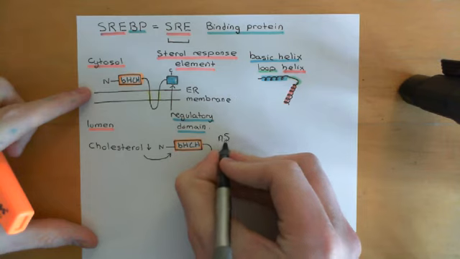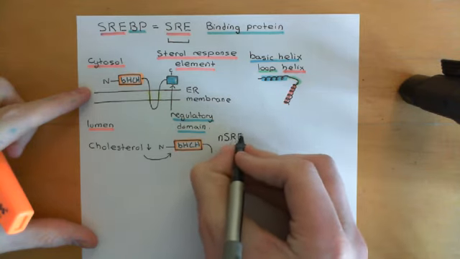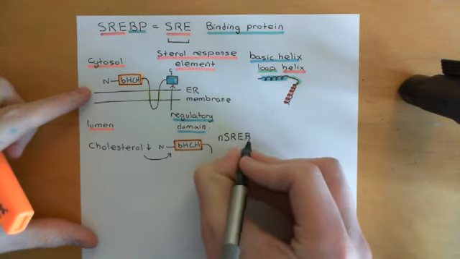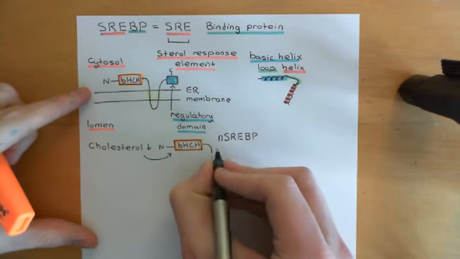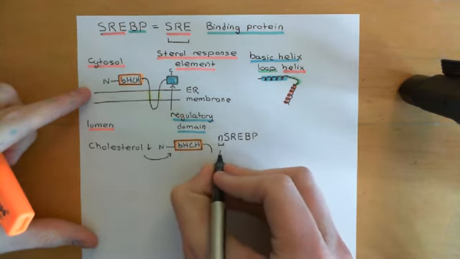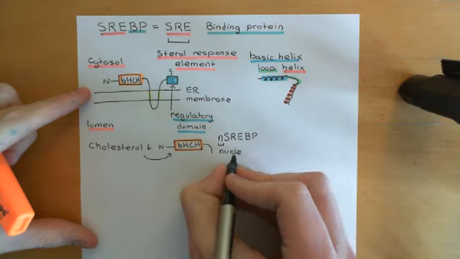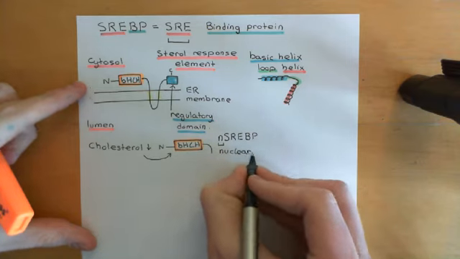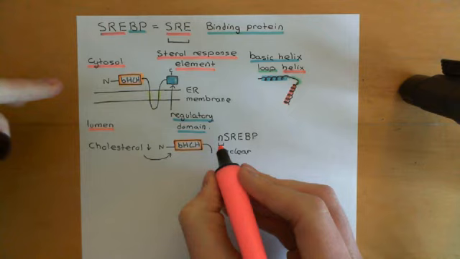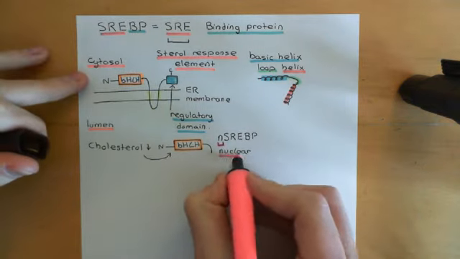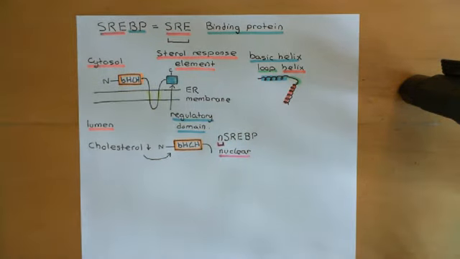This little fragment is now known as the N-SREBP, and the reason it's called the N-SREBP is because it's going to go into the nucleus. So the N here stands for nuclear SREBP. It's the portion that is now going to go into the nucleus and affect gene expression.